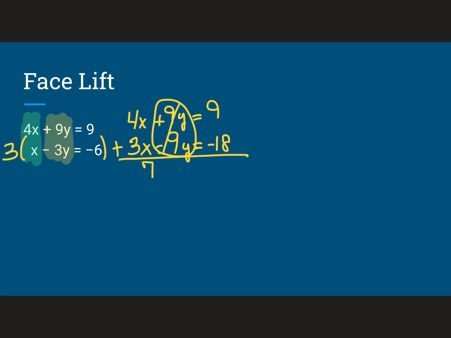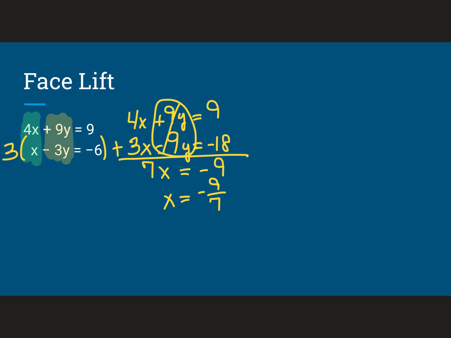I'm left with 7x equals negative 9. Okay, so if I go ahead and divide this, I get x equals negative 9 over 7. Guys, a lot of times in the real world, you're going to end up with some fractions.